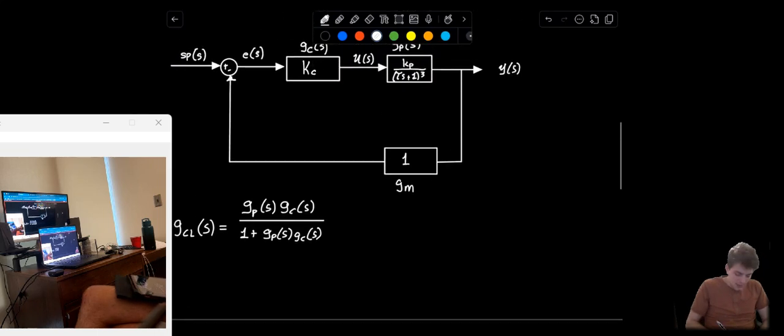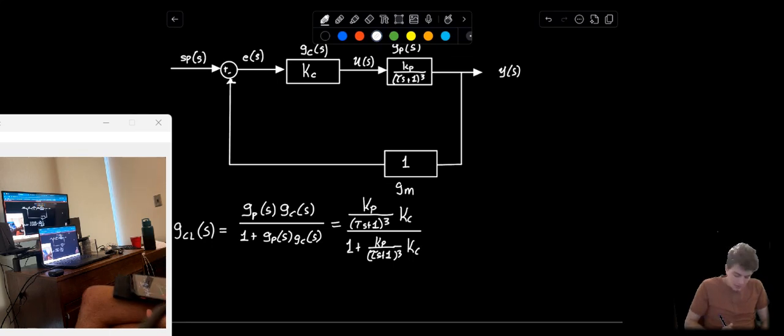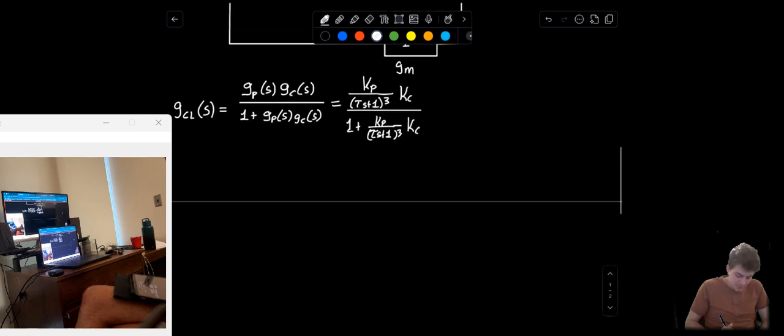And so we're actually given all those values now, so we can go ahead and plug these in here. We know the gain of the process is going to be my process constant over tau s plus 1 cubed. And then I'm going to multiply that by kc, which is my controller gain. That's all going to be over 1 plus, again, process gain times controller gain. And so we can go ahead and start to simplify this.